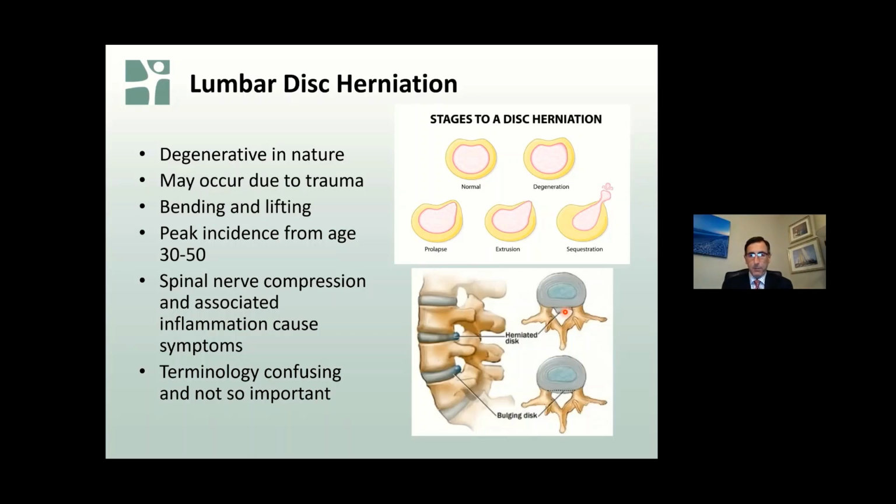But the big question is really, is it pushing on a nerve or not? Because if you have a bulging disc right down the middle and the nerves around it have room to get around it, that's not going to give you nerve pain. It's when the nerves get compressed that people get the pain, which causes them to seek medical treatment.